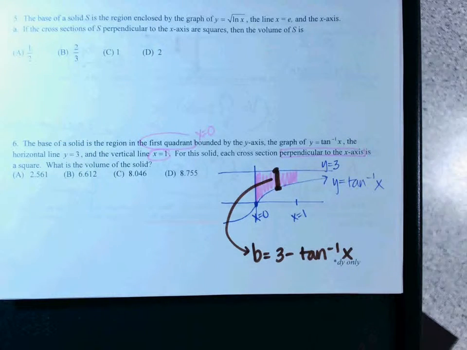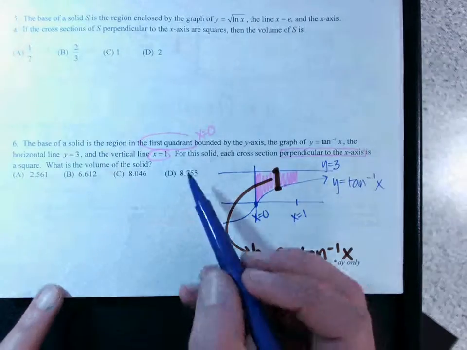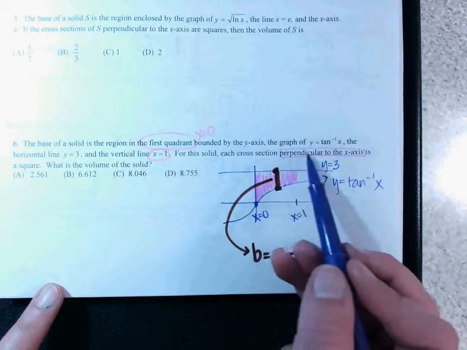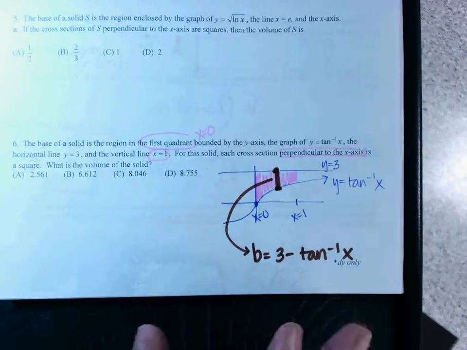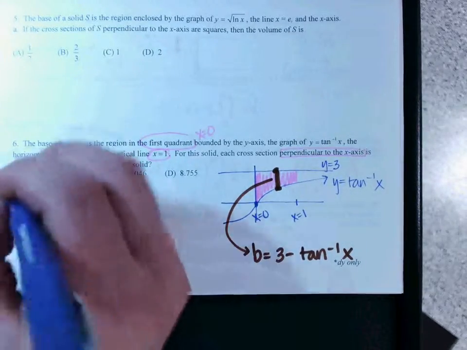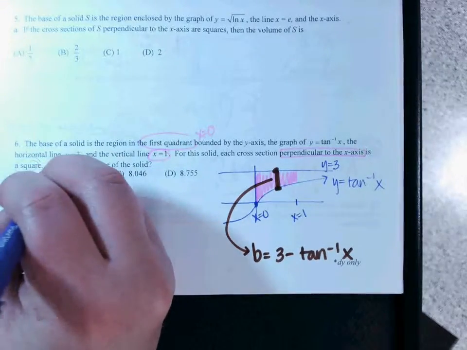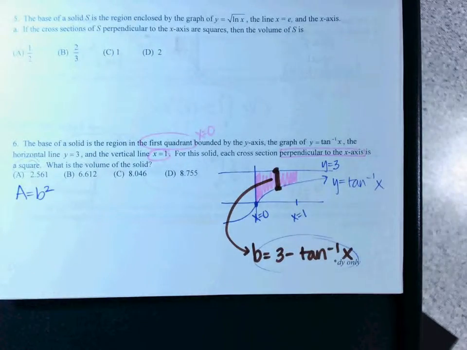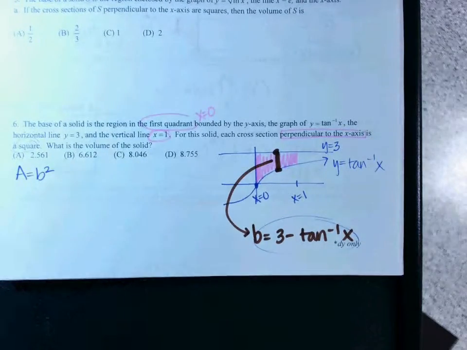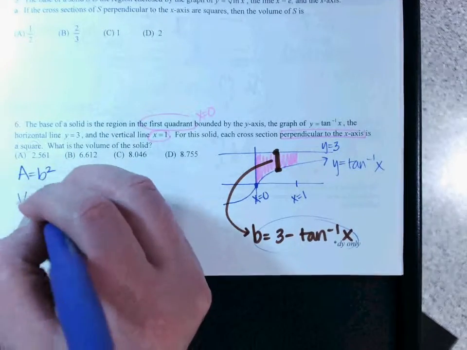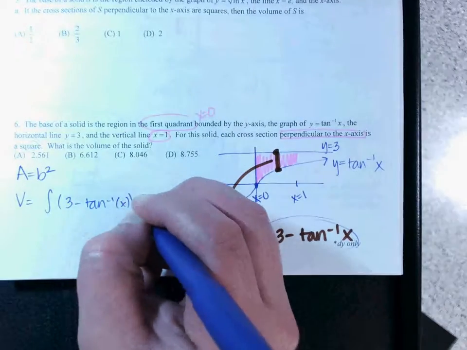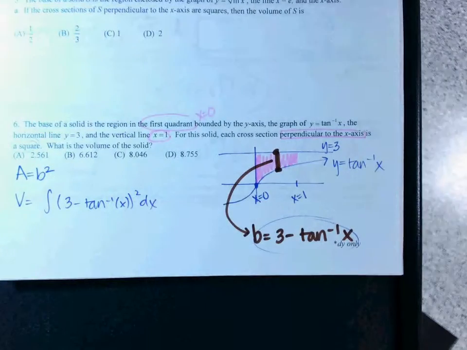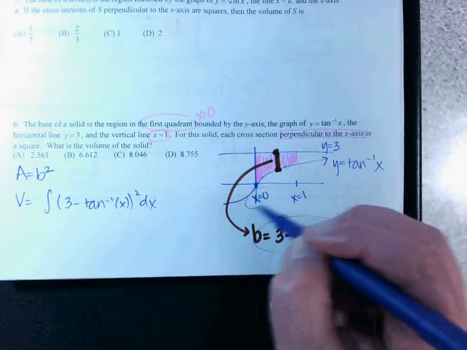Then from there, I'm going to write the equation for the shape that they gave me. So it says, for this solid, each cross-section perpendicular to the x-axis is a square. And I'd be like, okay, well, if I want a square, area of a square is b squared. And then, oh snap, we know what our b is. It's 3 minus inverse tan x. So volume equals the integral of (3 minus inverse tan x) squared dx. Then remember that my endpoints are from 0 till 1.